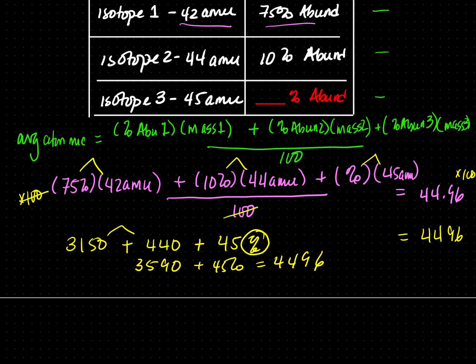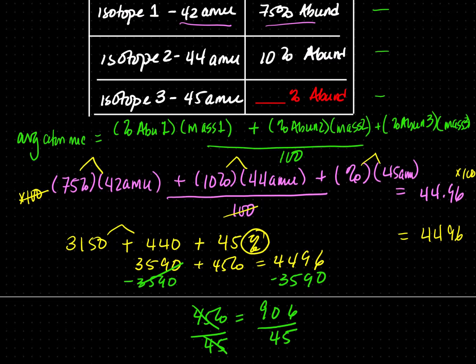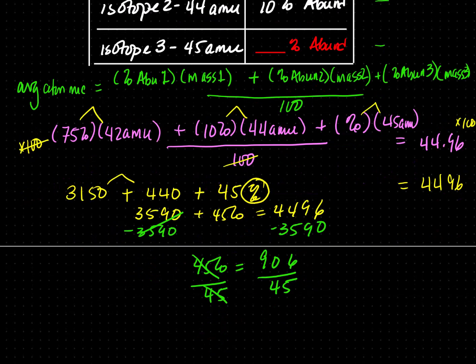So this becomes 45% equals 906. So now I'm going to divide both sides by 45 to get the percent. If you do your math correctly, you should get around 20.1, repeating 333% as your abundance.